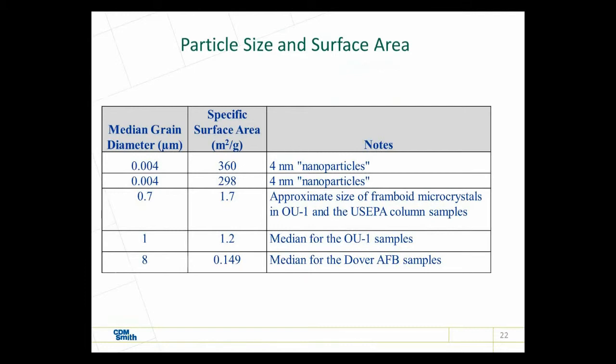As an example, at Dover Air Force Base, about 8 microns, we have a calculated surface area of about 0.15 meters squared per gram, compared to Altus, OU1, about 1 micron, about 1.2, so about a 10-fold difference in the surface area, and all other things being equal, we can expect about 10 times the reactivity. Well, what if we had nanoparticles, which we can't see? Look at what the surface area of these are. So this can be very important, but it's very difficult to find these in a complex soil or mulch environment.